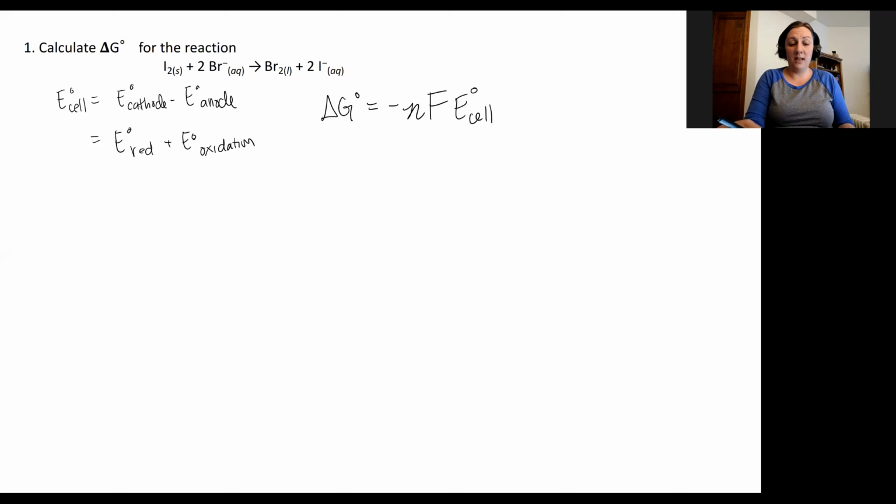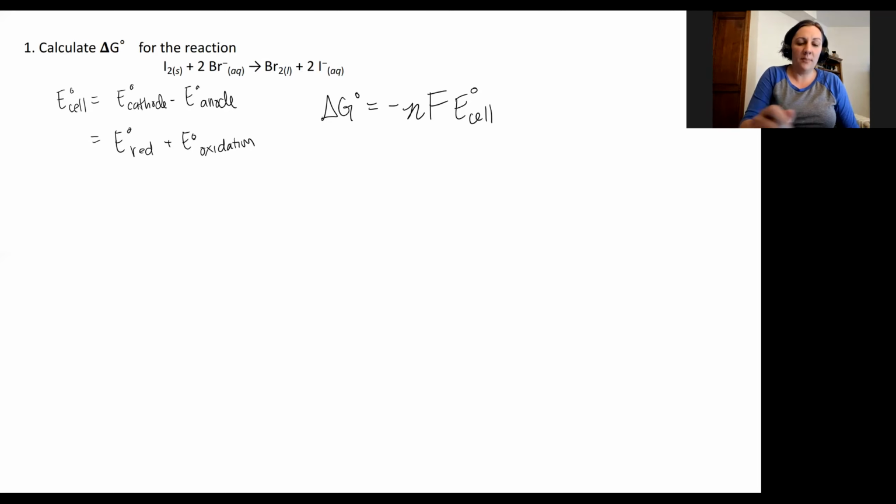So the first step is getting that cell potential and determining n. Let's start with our cell potential. We have iodine that is being reduced to iodide, and bromide that is being oxidized to bromine.